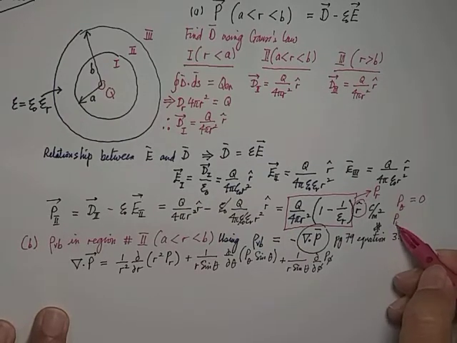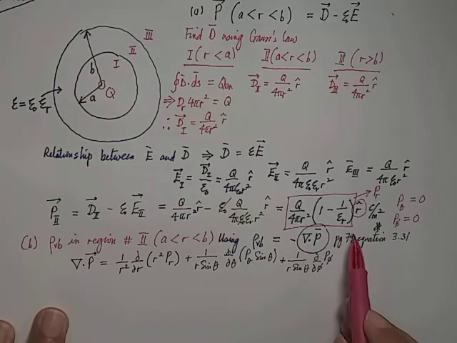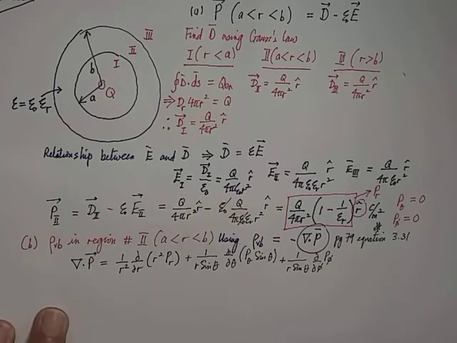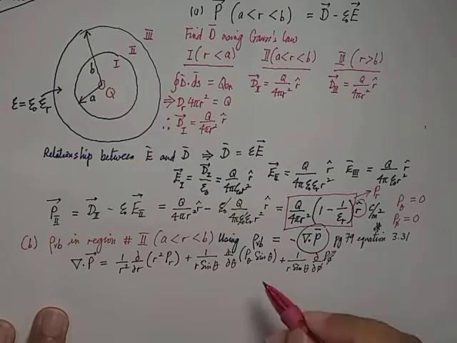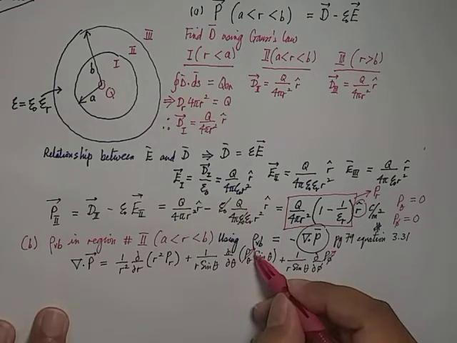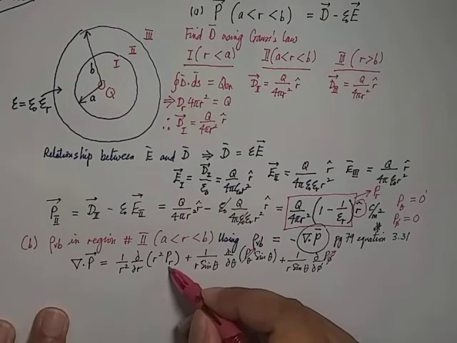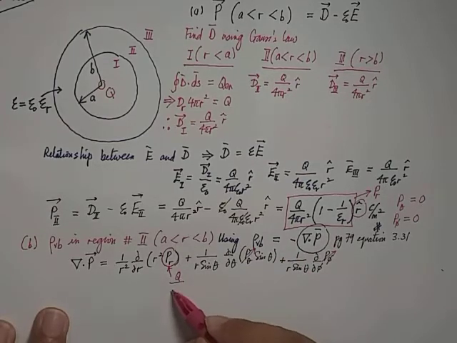Similarly, the P phi component is also equal to 0 because we can't see any phi component in the solution that we solved above. So I'm going to put 0 here, and 0 here as well. But for this particular P r, I'm going to substitute Q over 4 pi r square.